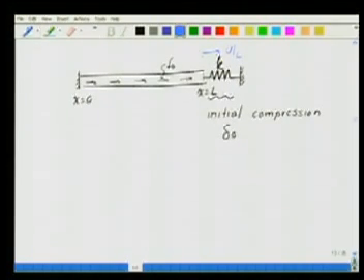Now for this u of L that you get at this end, what is the total force that the spring is applying on the bar?